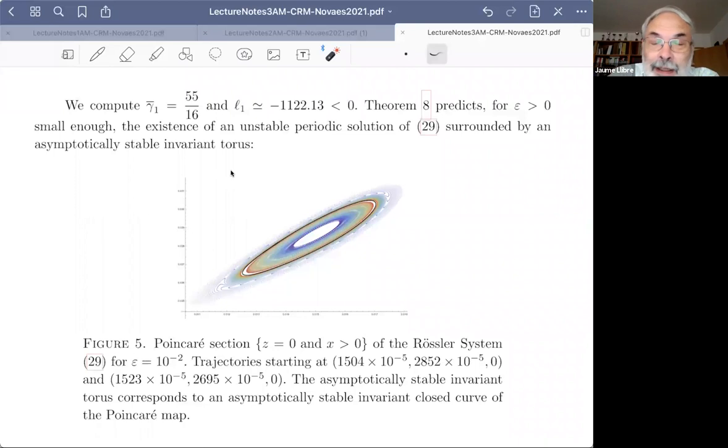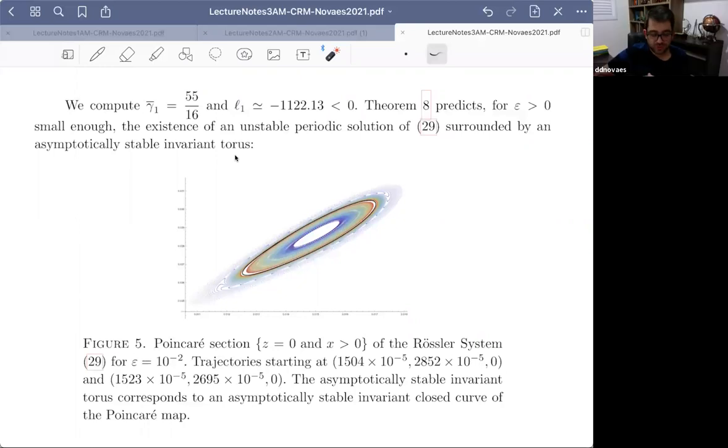I only said that I like very much this result about invariant tori. We are still working on results like that. We are trying to improve these results because here we needed this Hopf bifurcation, but I think that it's not needed. But the proof that we have here involves detecting a Neimark-Sacker bifurcation in the Poincaré map.